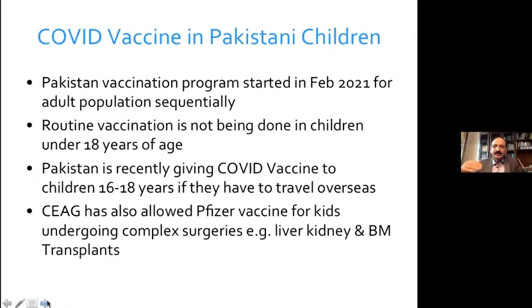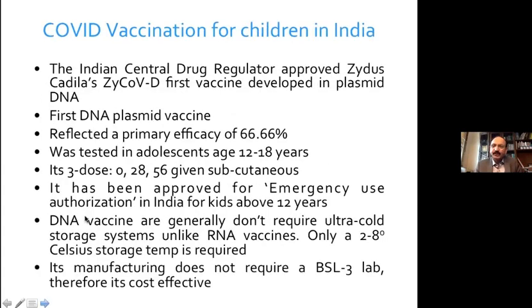In Pakistan, I think the vaccination program has already started. We are giving it from 16 to 18, to those who are travelers. We have already, on the forum of CIAG, recommended to the government that it should be given to all children above 12. But I think because we have so many adults still who are not vaccinated, the government has not come to the pediatric age group at the moment. But we are already pushing on the forum of CIAG that the pediatric age group needs to be vaccinated as well.